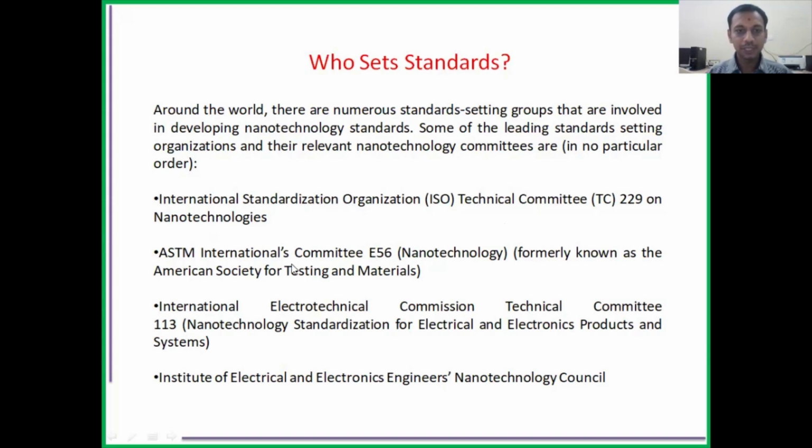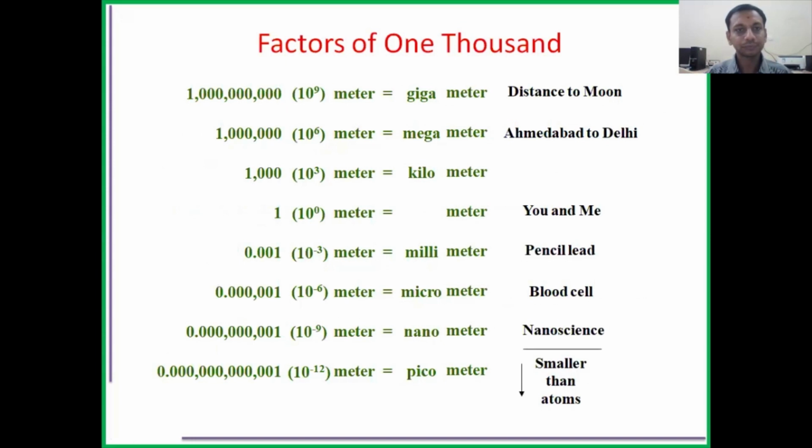ASTM International Committee E56, ASTM formerly known as American Society for Testing and Materials, also sets standards for nanotechnology. For electrical and electronics products and systems, there is the International Electrotechnical Commission, Technical Committee 113. They set the standards. So I put here the major organizations who set the standards.